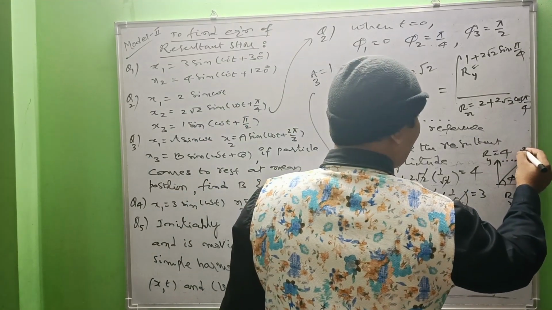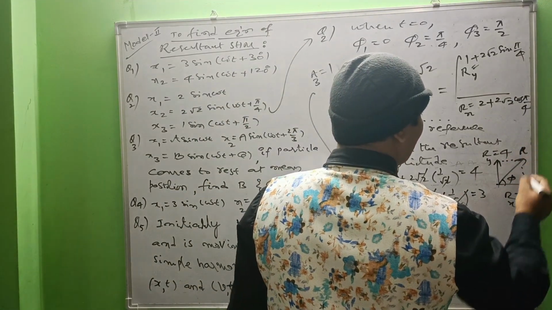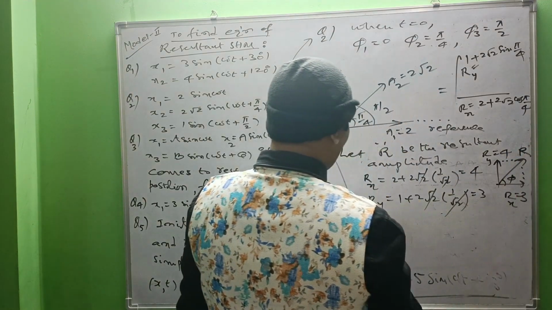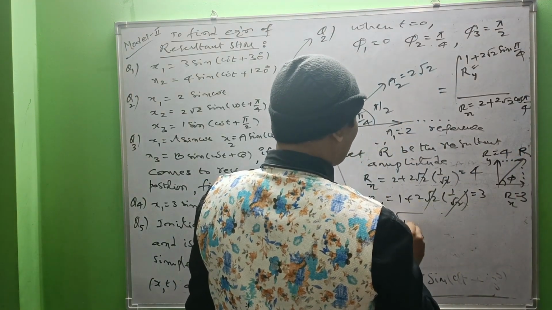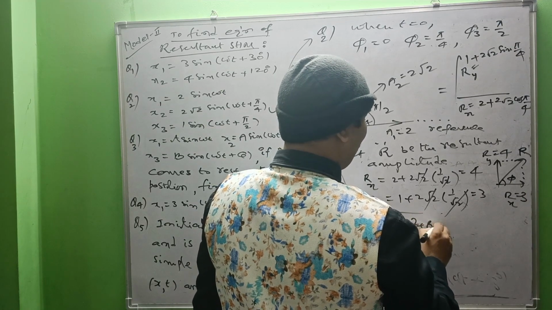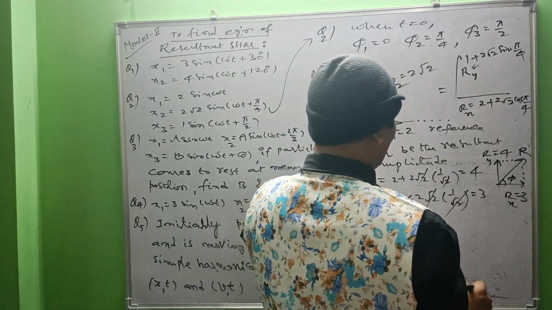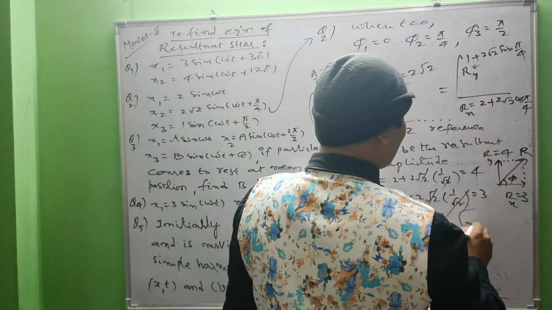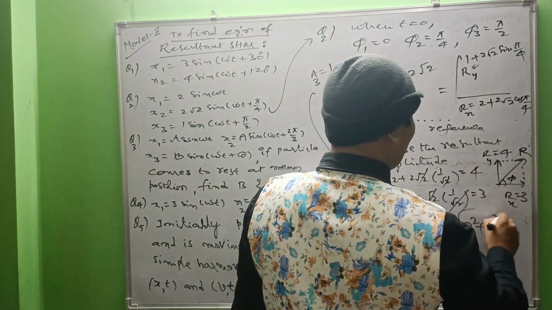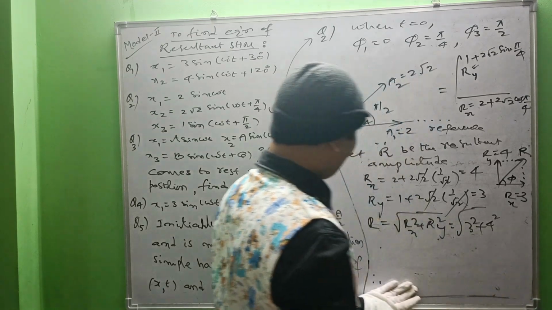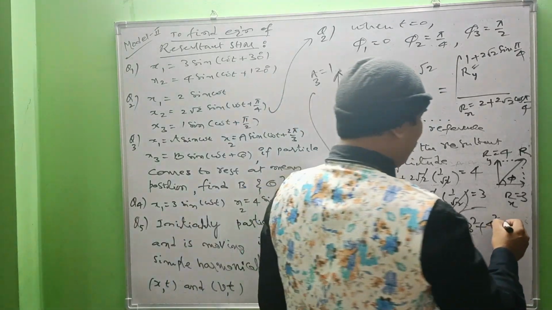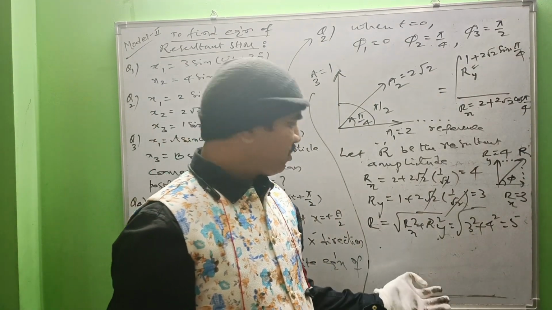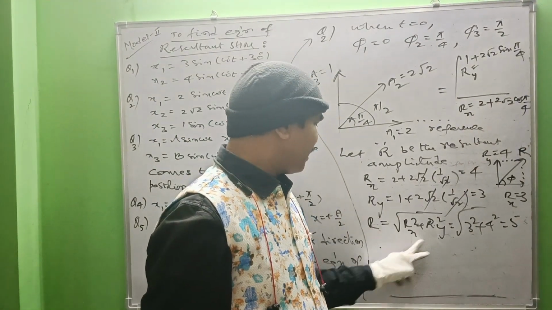So here R can be written as root over Rx square plus Ry square, that is 3 square plus 4 square. So what is R? That is 5. So 5 is the resultant amplitude of the resulting SHM.